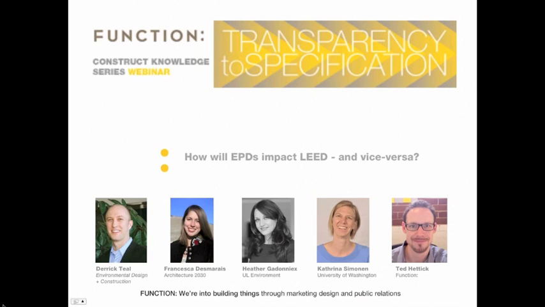So in the draft form of LEED, there are credits related to using products or a certain percentage of products that have environmental product declarations, so rewarding transparency. What we originally saw was the first integration of EPDs into LEED. This was with the release of Pilot Credit 43.